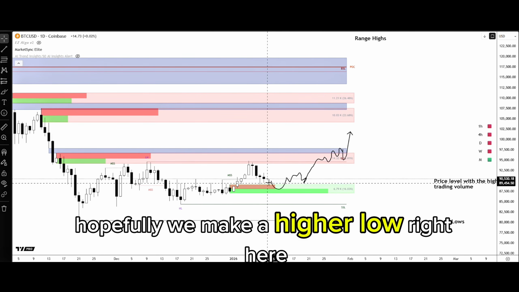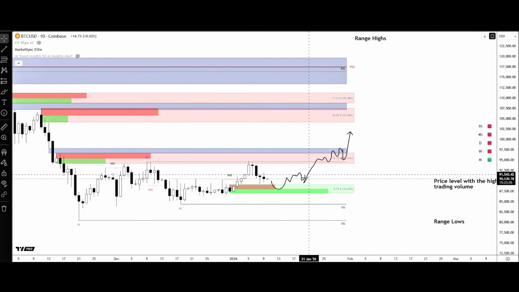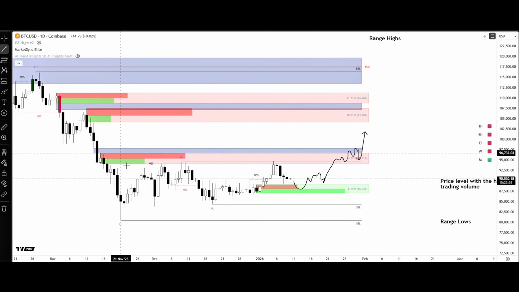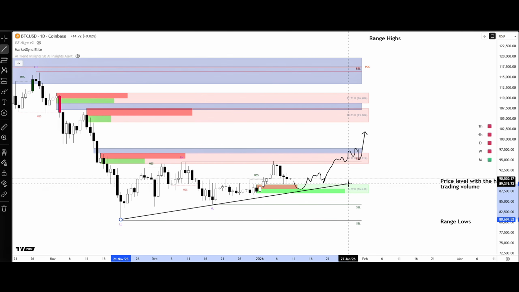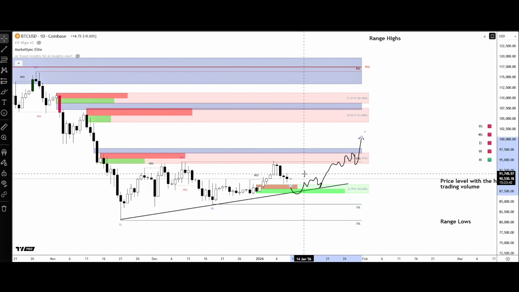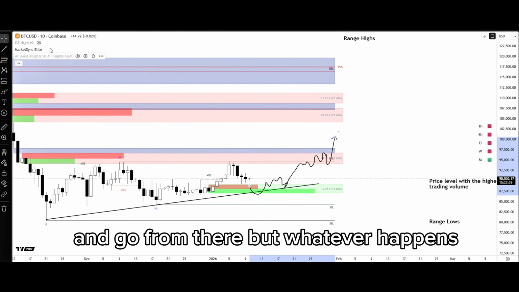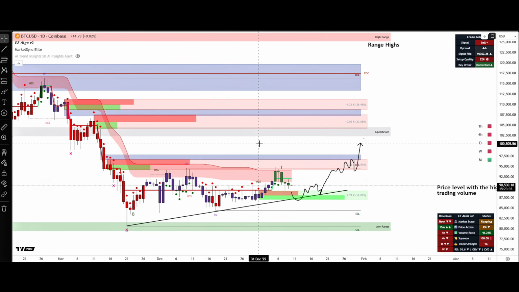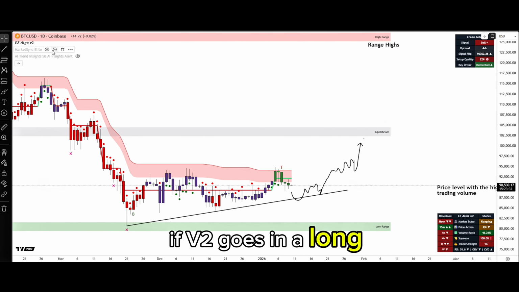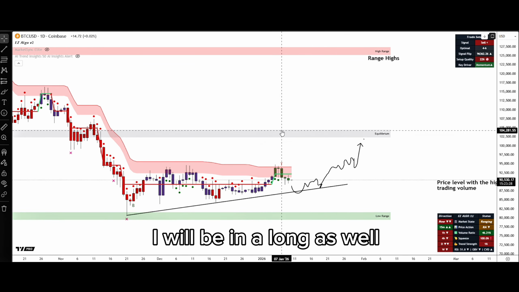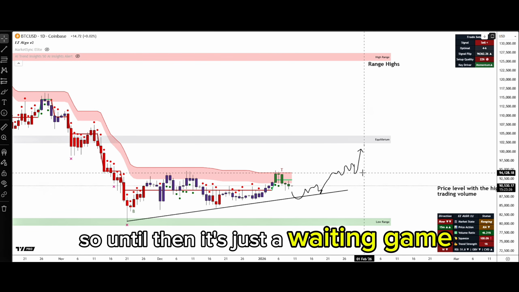Hopefully we make a higher low right here, and maybe we have some kind of structure building up, right? Like this. Maybe a sweep under, and go from there. But whatever happens, our signals will tell us what to do. If V2 goes in a long, then the bot will be in a long and I will be in a long as well. So until then, it's just a waiting game.